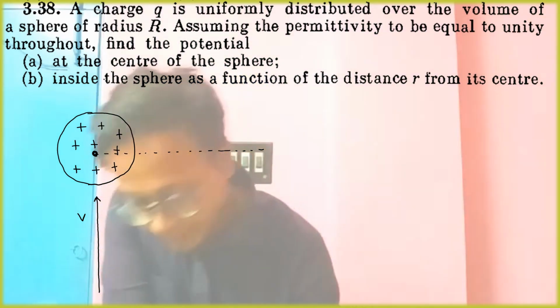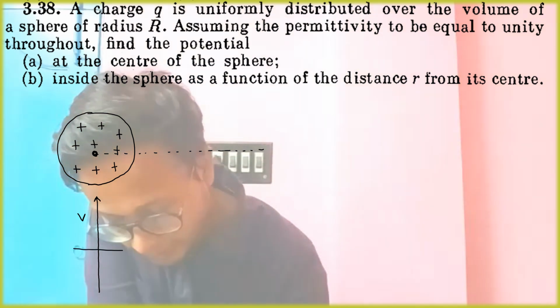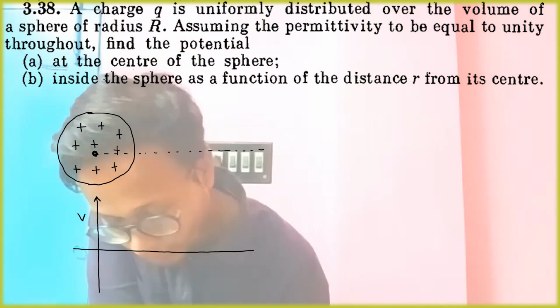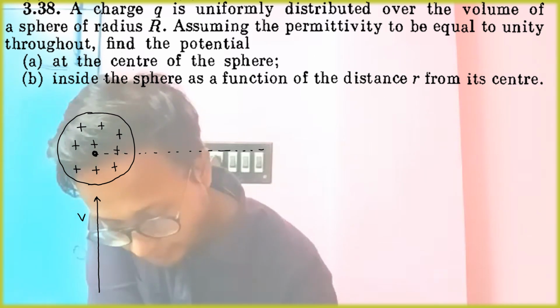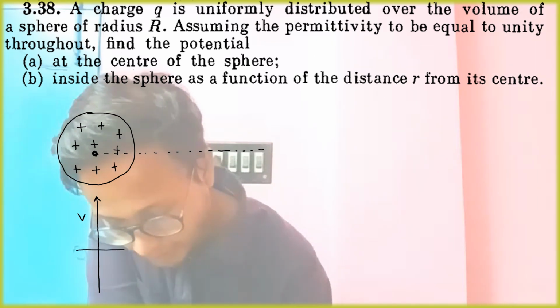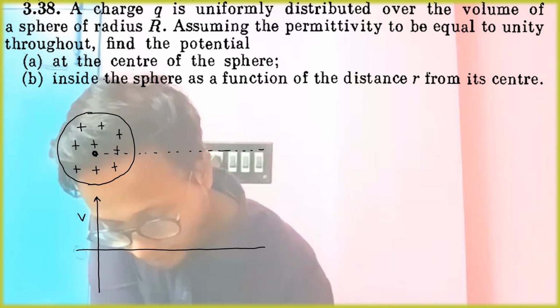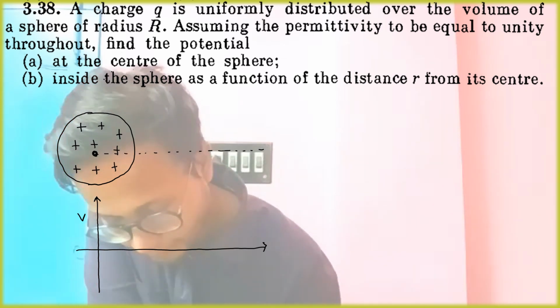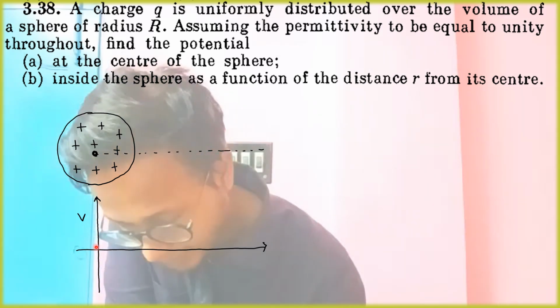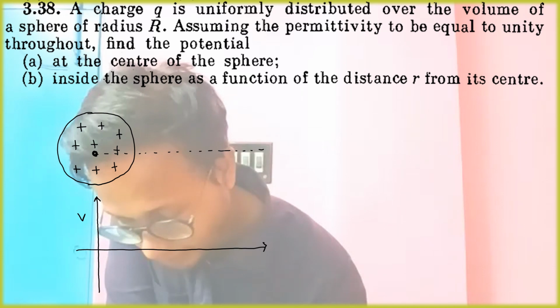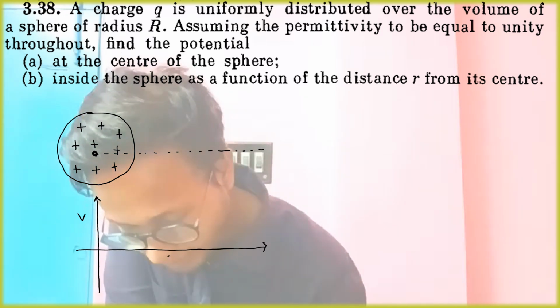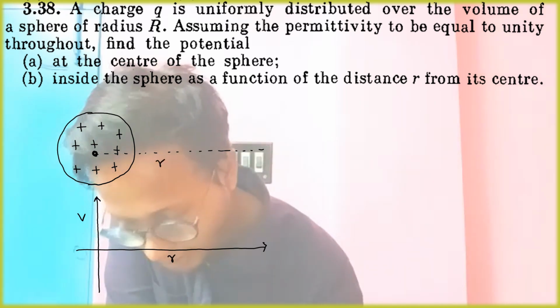The x-axis will represent the distance from the center of the sphere. Okay, see, at x equals 0, it is at the center of the sphere. So let's name this variable r.